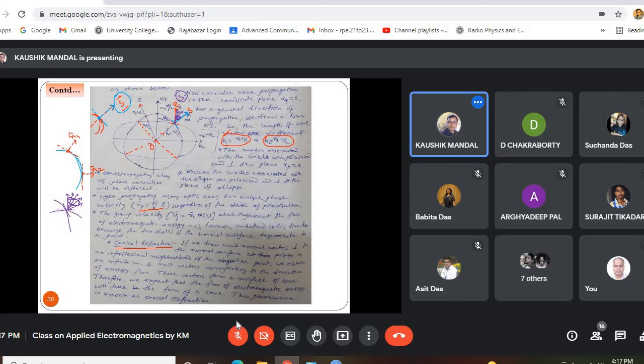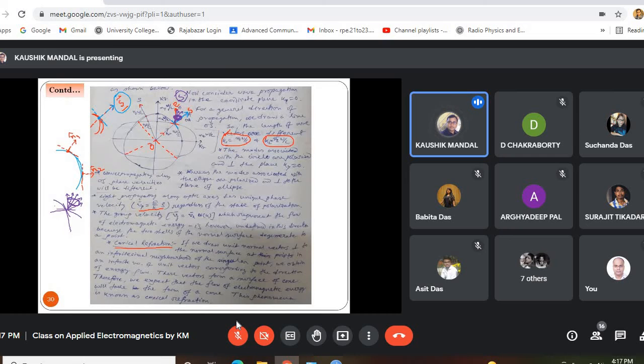That means the wave that is propagating along this optical axis will pass through this crystal, and the corresponding energy flow will be in conical form.